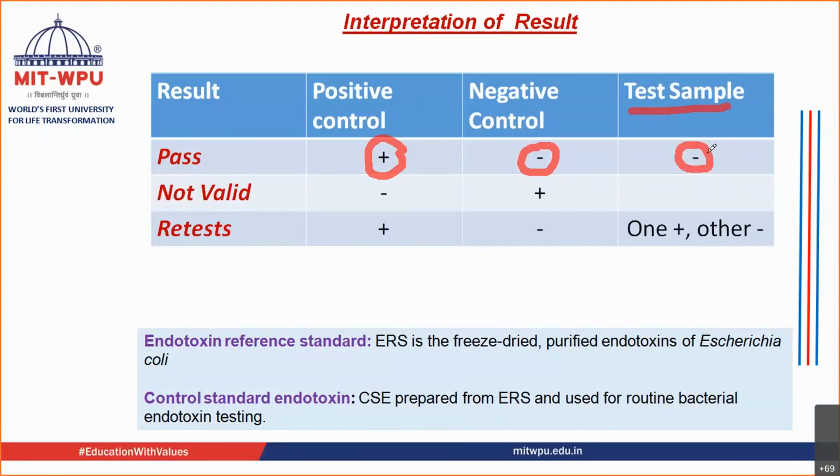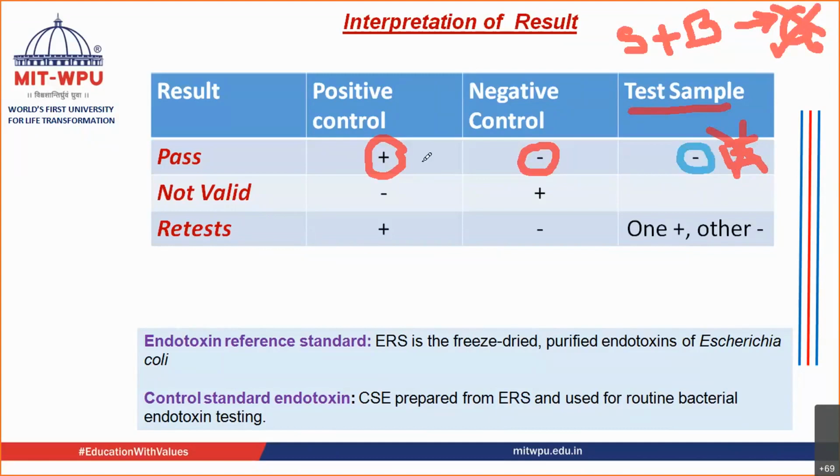This negative result shows that no bacterial endotoxin is present. As no bacterial endotoxins are present, when your sample comes in contact with the blood containing amoebocyte lysate, it is not producing any gel. The gel is not getting produced, hence you are saying that it is negative. That's why the test passes.